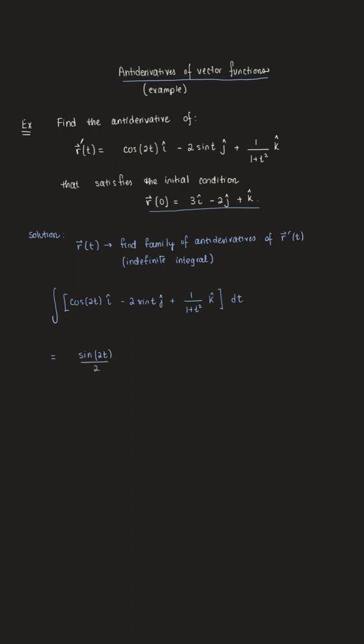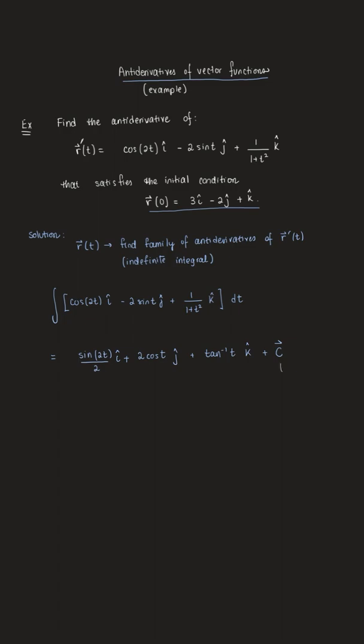The antiderivative of negative 2 sine t will be plus 2 cosine t. Oops, we need an i here, and we need a j here. The antiderivative of 1 over 1 plus t squared is inverse tangent, so we have tangent inverse of t k. And the entire family of functions whose derivative is given will include the possibility of having a plus c at the end, which is a vector.